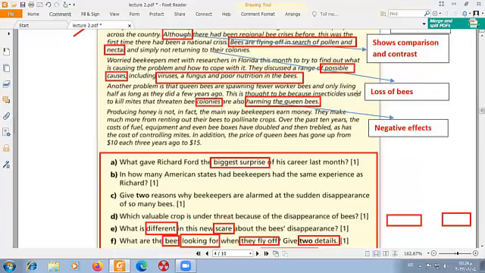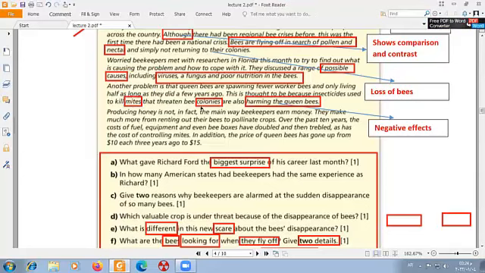This is thought to be because the insecticide used to kill mites. Look what it says: the insecticide used to kill mites that threaten bee colonies is also harming the queen bee. Here is the answer. The answer is the insecticide is harming the queen bees. It's not the mites harming the bees. They were using the insecticide to kill the mites, and the mite is threatening the bees.